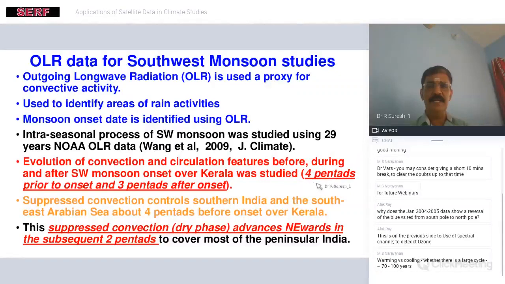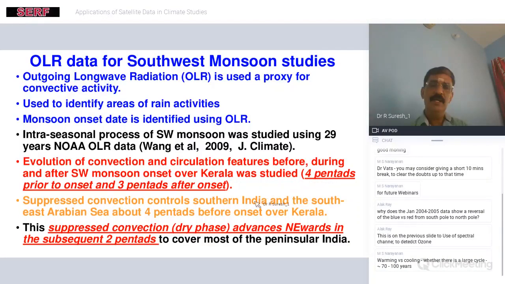Those data were analyzed in depth. Every year the onset date is not rock steady, it meanders. Prior to the onset, about 4 pentads, 1 pentad is 5 days, right? So 4 pentads prior to the onset and 3 pentads after the onset were systematically studied.